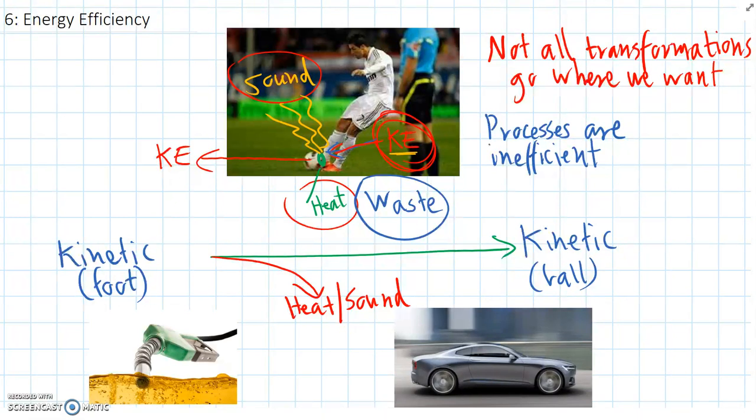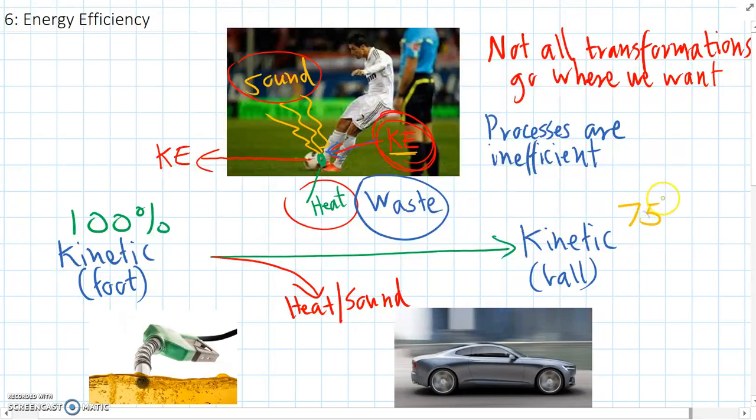And what we can do is start calculating how much of that energy is lost as waste and how much gets transferred to where we wanted it to go. We can do this by saying that 100% of the energy is at the start. In this example, let's just make up some numbers.